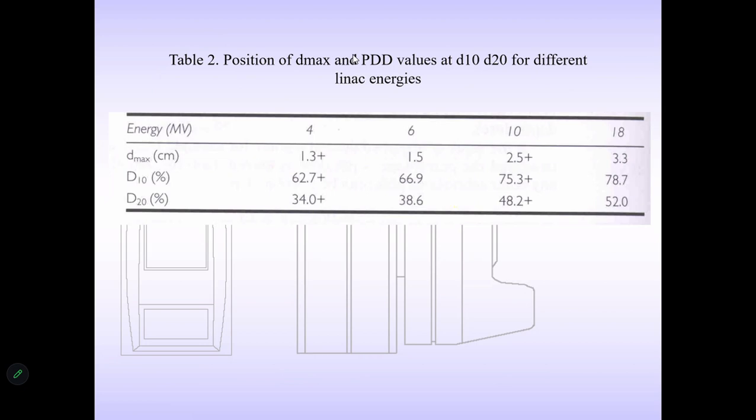For example, if you take 6 MV, the dose at a depth of 10 is approximately 67%, 66.9, 66.8. Now, why do you need to know this?